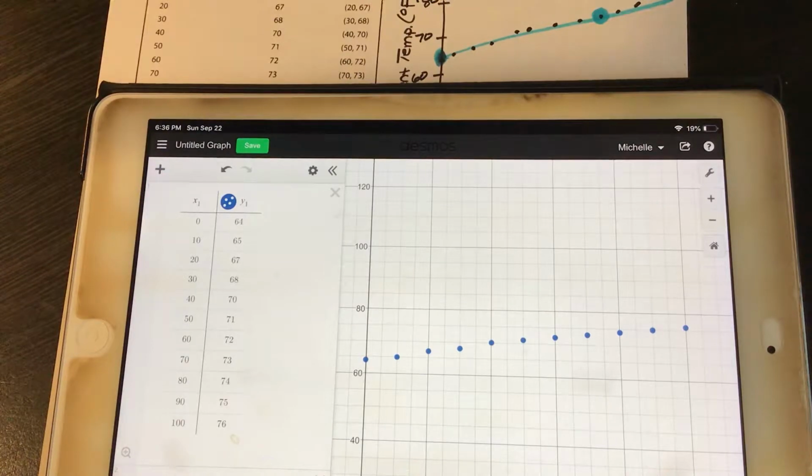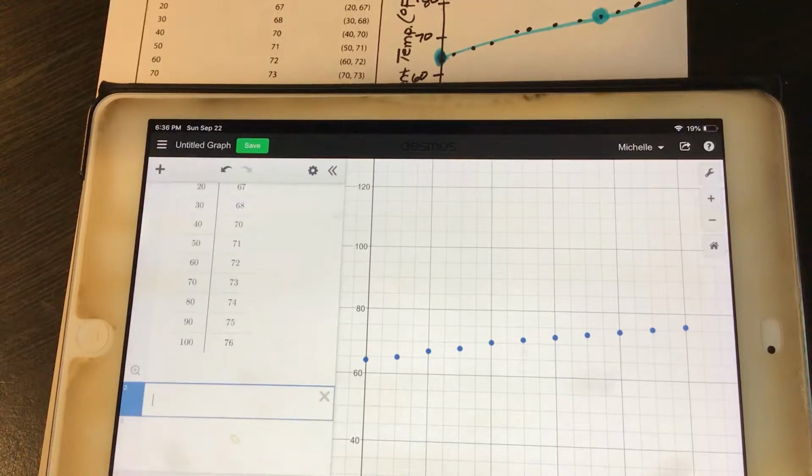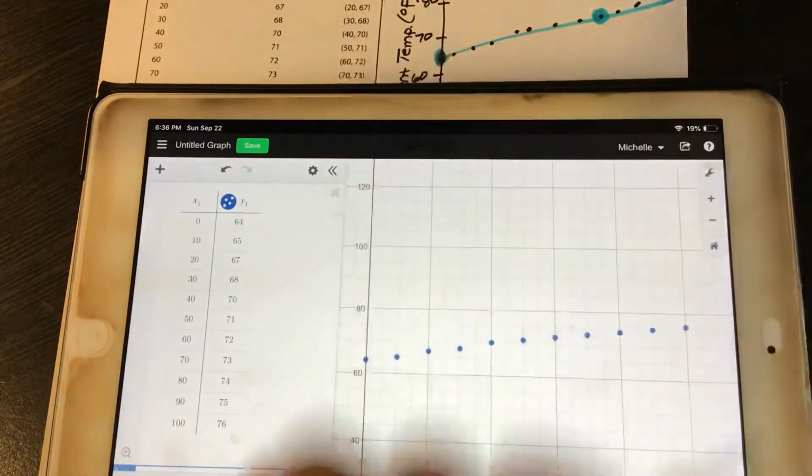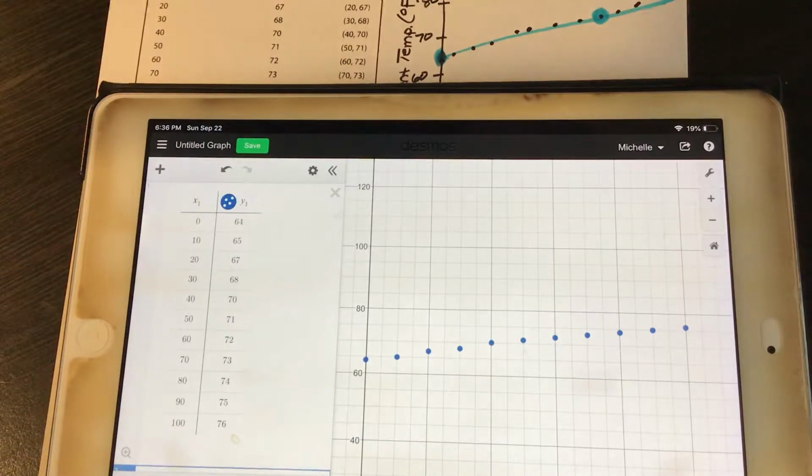There is a way for Desmos to give us the equation of this line. To do that, in line number 2, I'm going to write an equation, and I'm going to say y1, because these are my y1 values, and that's where I'm telling Desmos to go and look at stored values, because I could have other stored information in other areas.